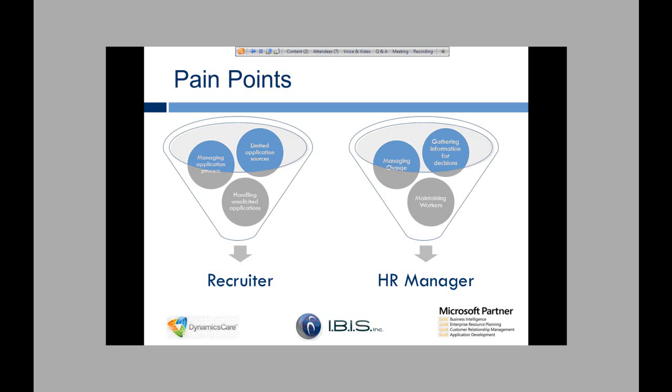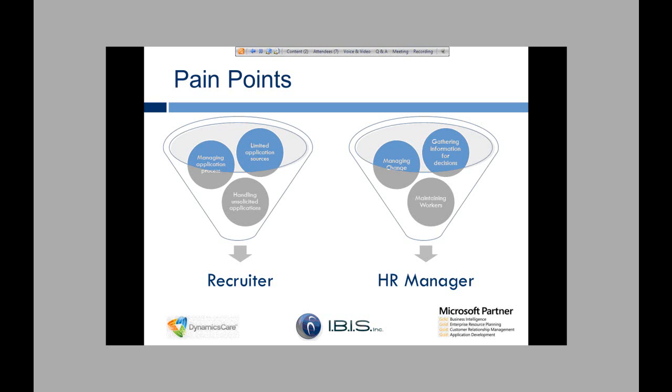Managing the application process, so seeing an applicant through to hire, is often a tedious process that is a lot of back and forth, and it's sometimes hard to keep up with. And then handling unsolicited applications, so people who just want to work for the company, but there may or may not be a position available, or you don't know what the position that would be best for them is. So those are all three pain points for recruiters.